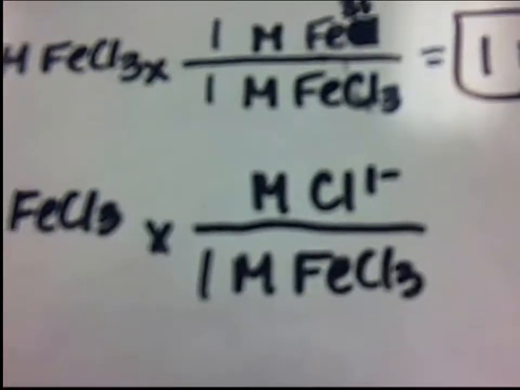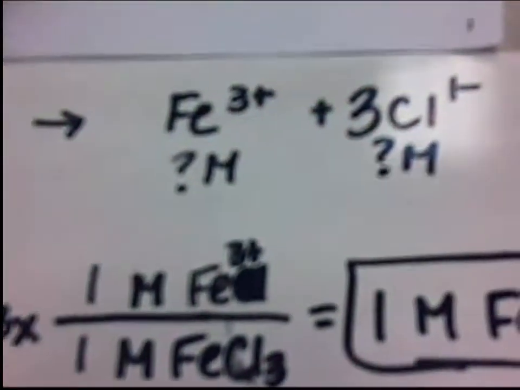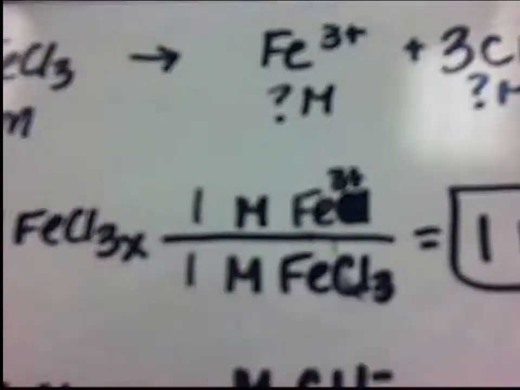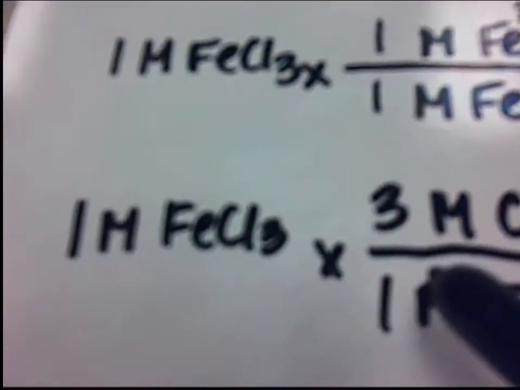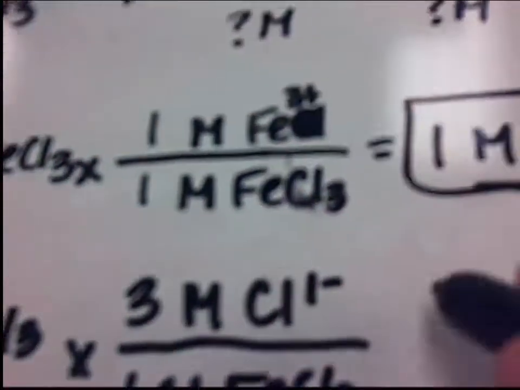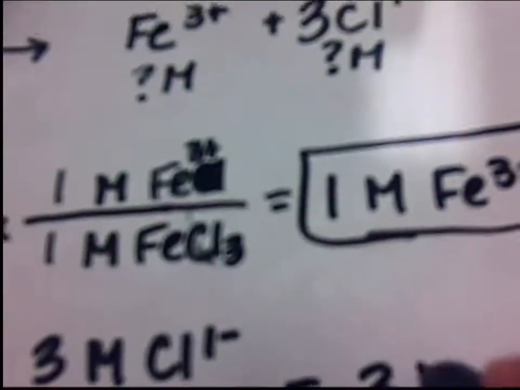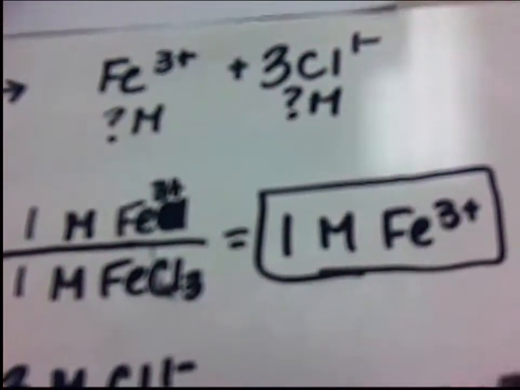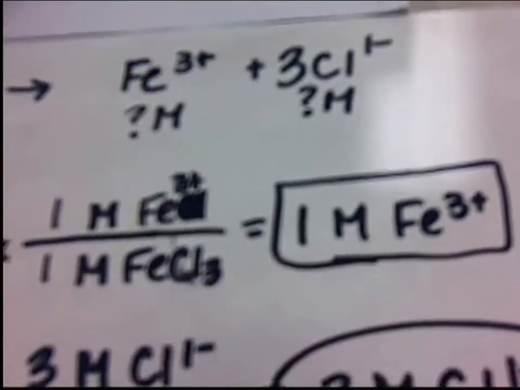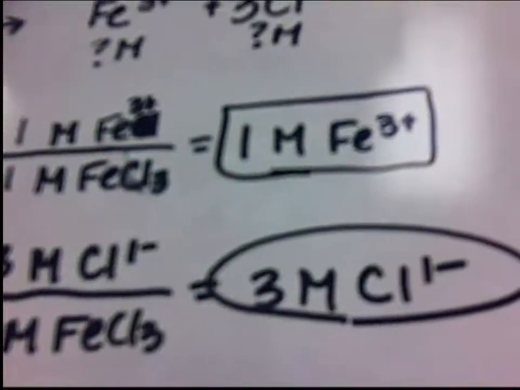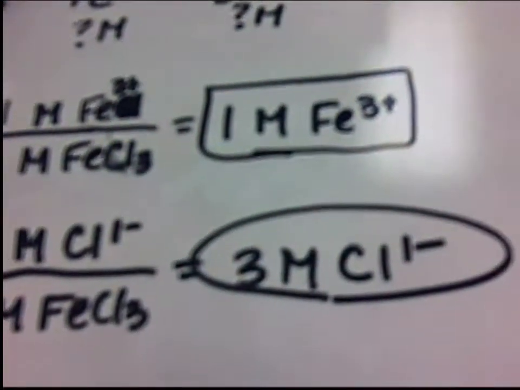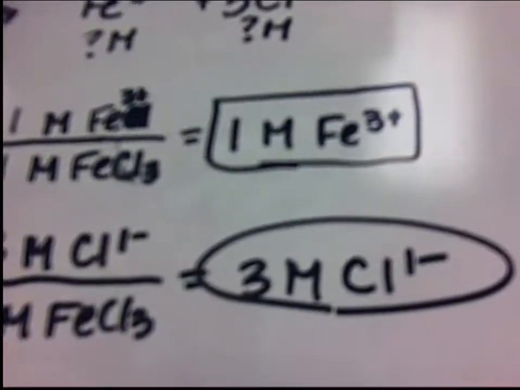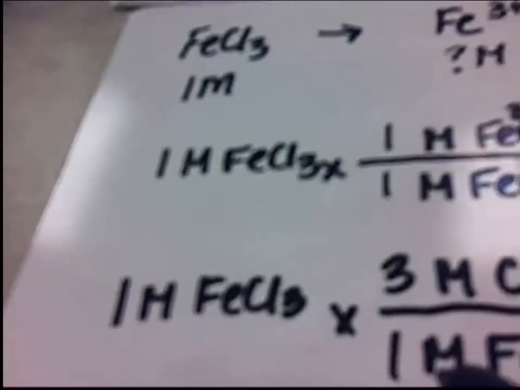Notice this time though that chlorine has a 3, and so I put that 3 there. And so this time, it's going to work out to where chlorine ions have a 3 molar concentration. A little different than before because of the fact that it had a 3-to-1 ratio. And of course those ratios are going to change depending on what the coefficients are. So that's basically what the second example is like, just showing you how to use those molar ratios.